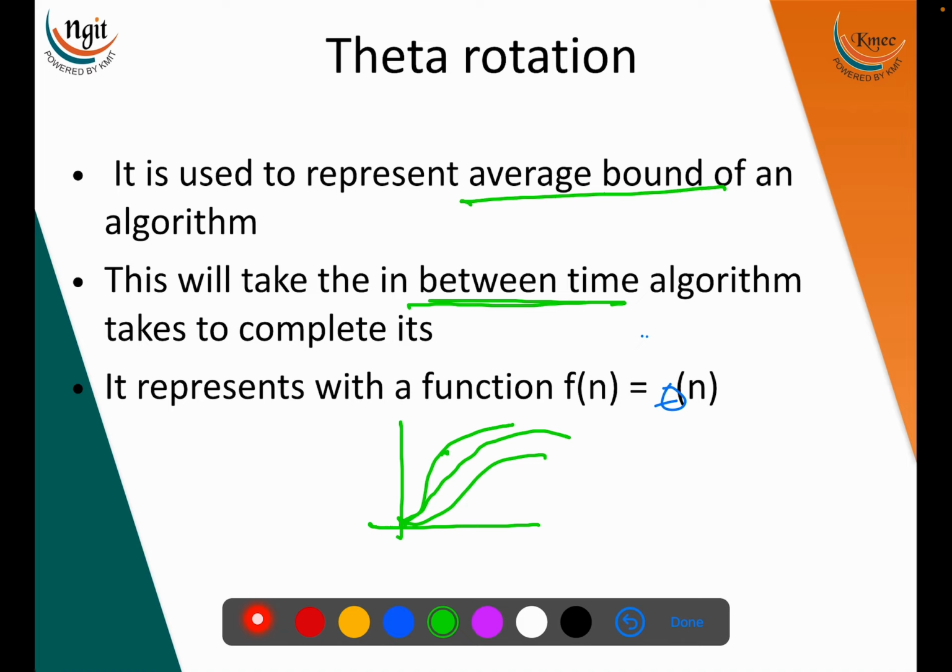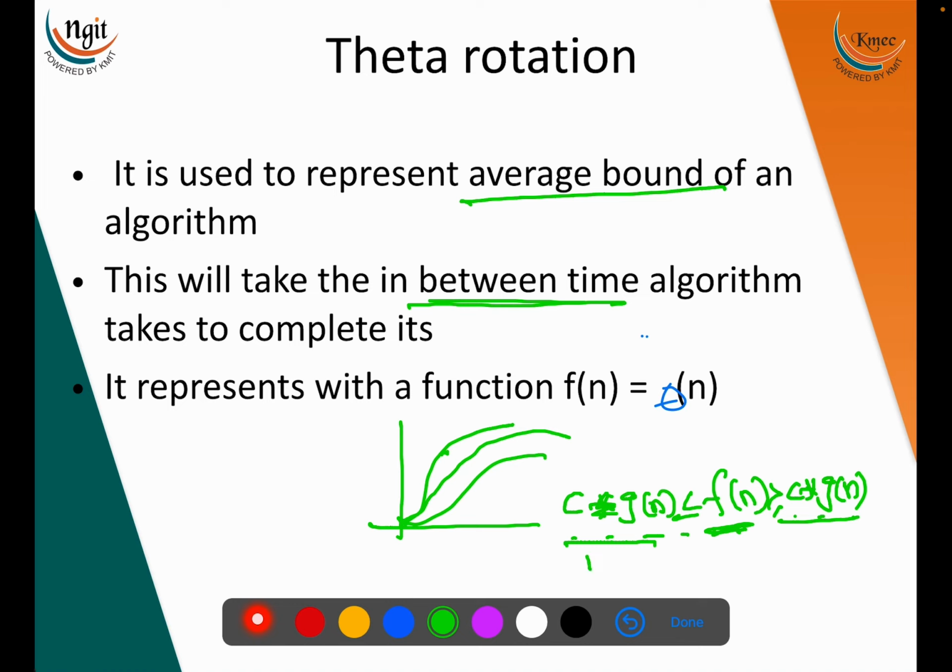Now what is the formula of theta notation? C1 into g(n) less than or equal to f(n) less than or equal to C2 into g(n). Now this f(n) function lies in between C1 into g(n), lesser, and C2 into g(n), greater. This is your lower bound, this is your upper bound.